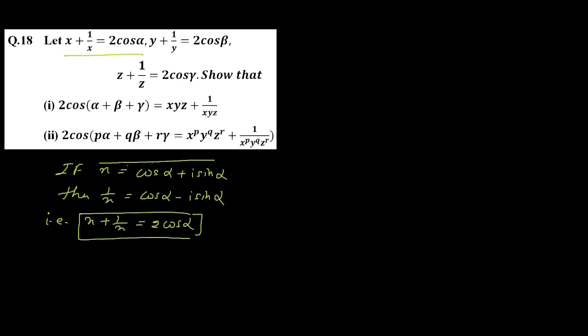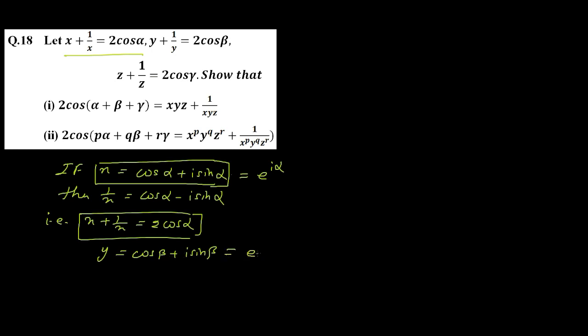This is satisfying here, and this also can be written in the Euler form as e to the power iota alpha. In the same way I can assume, let y is equal to cos beta plus iota sin beta, and automatically y plus 1 by y will become 2 cos beta.